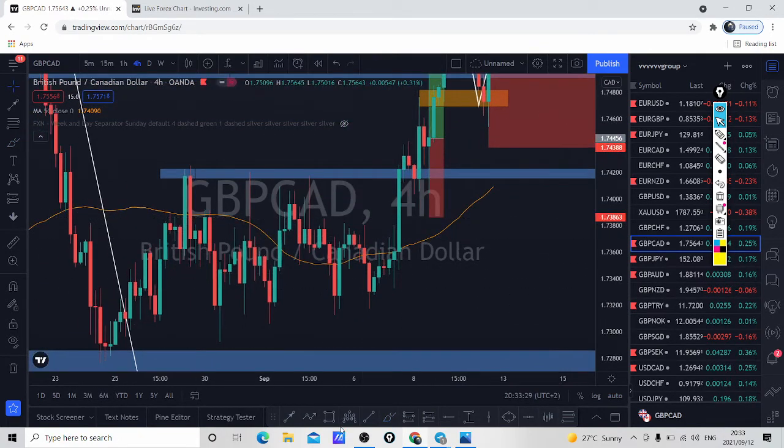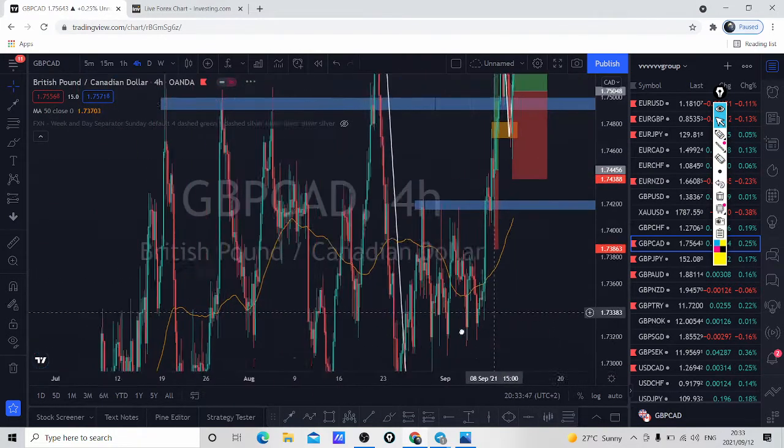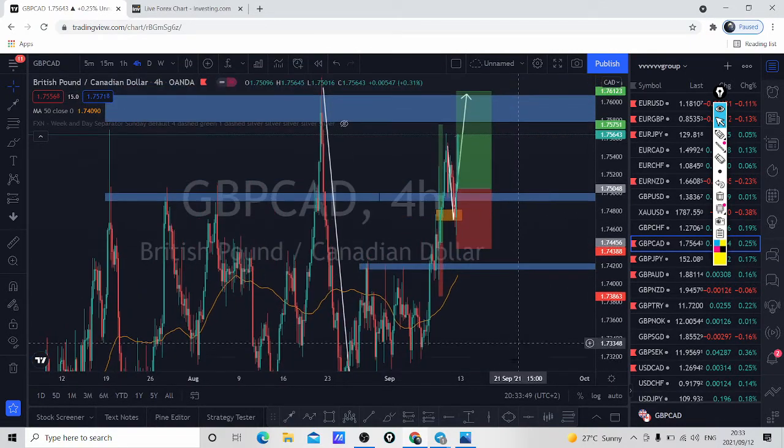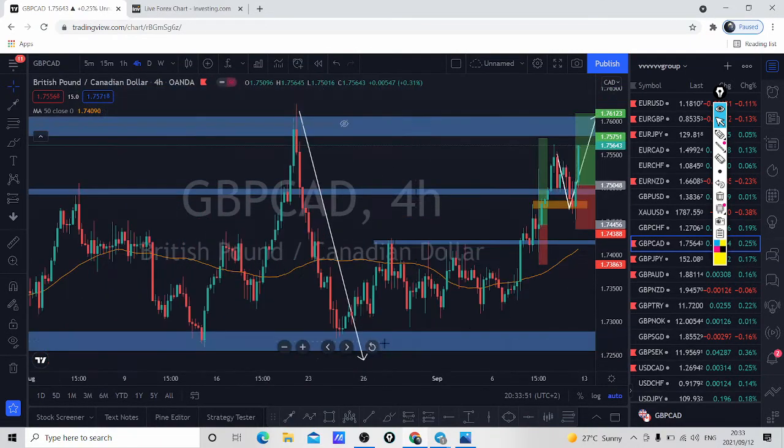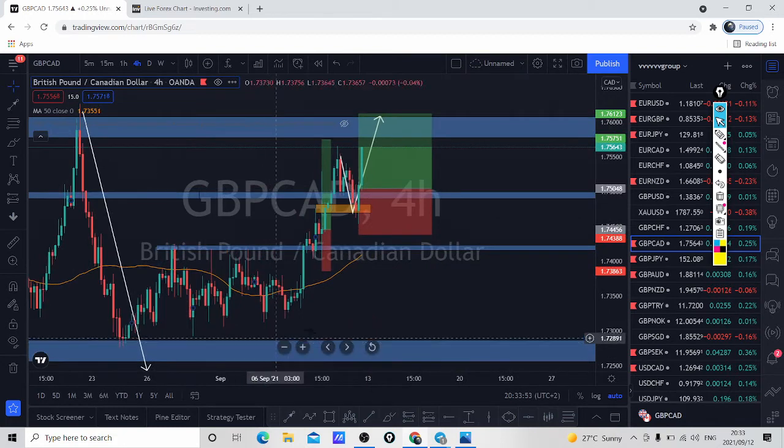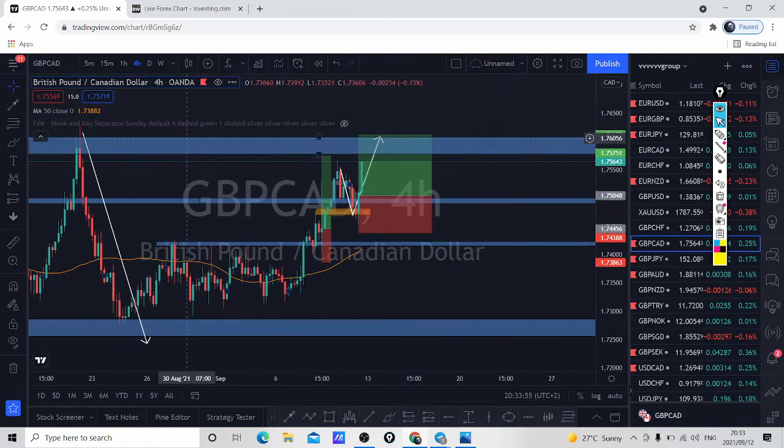Maybe you want to sell when the market is here and buy when the market is here, trading within a range, then maybe that's okay. But if you want to get a trend, you always want to trade a strong currency with a weak currency, or a neutral currency with a strong currency, just to get a clear trend.